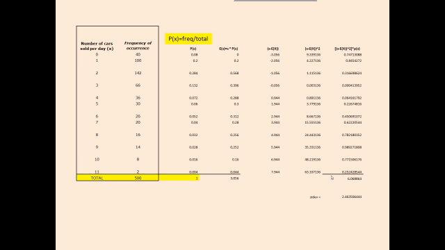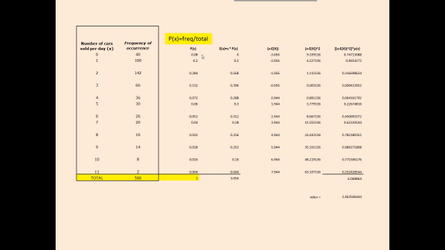Now, for example, for an outcome of 0 cars sold per day, which happened 40 out of the 500 days, if we convert that to a probability, 40 divided by 500 will be 0.08. So that's our first corresponding probability to the outcome of 0. We look to the next row.